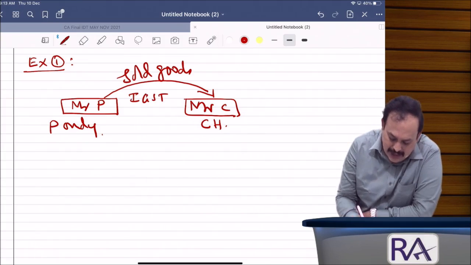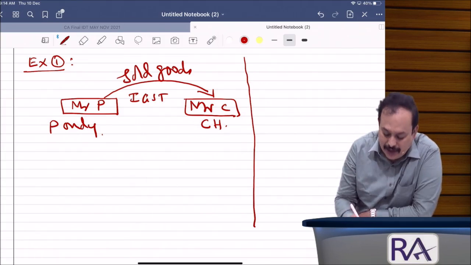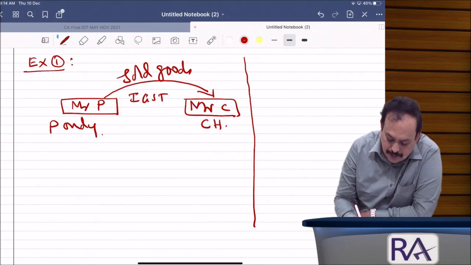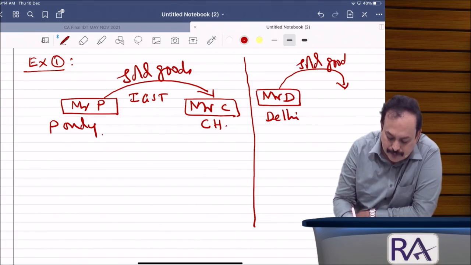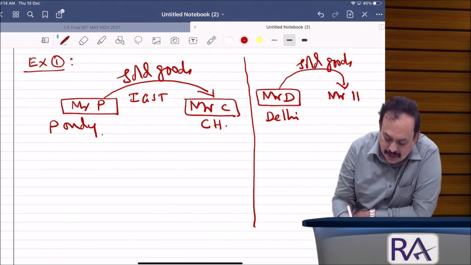Now, in the same way, let us say for example, Mr. D of Delhi sold the goods to Mr. H of Delhi.